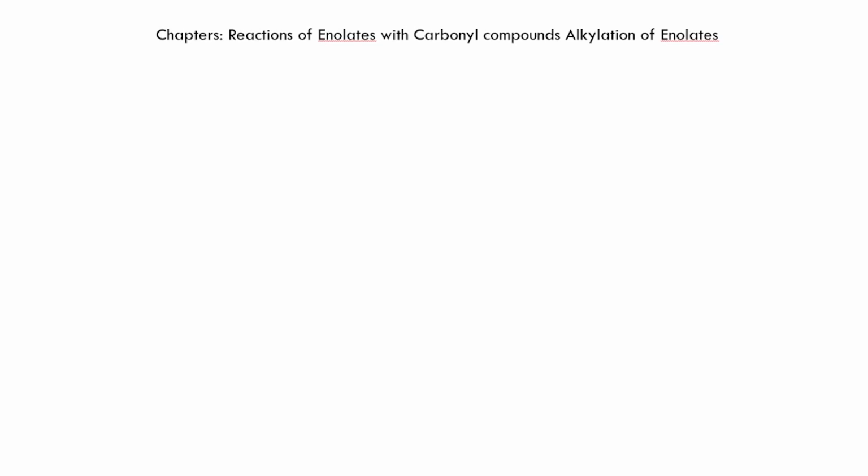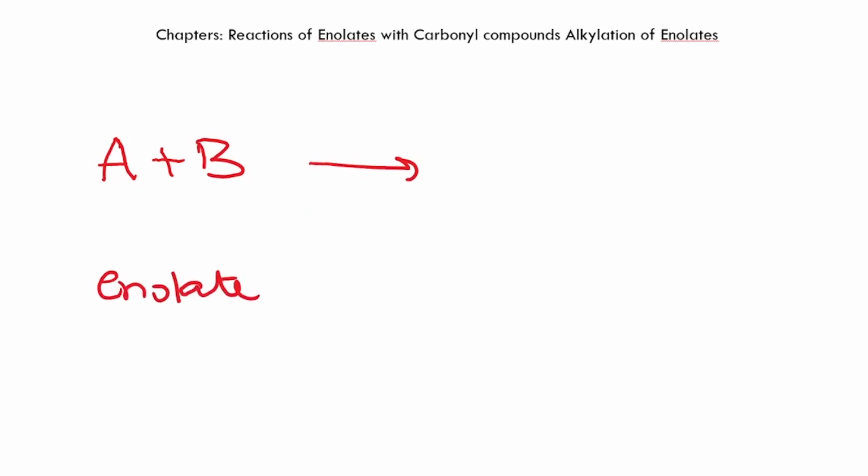Typically when you do an aldol reaction, you have a component A, and if it's reacting with itself, it's not a problem, but you have a component B. Let's say A is the enolate and B is the electrophile. Now the problem is that you need to figure out the reactivity of A and B properly.